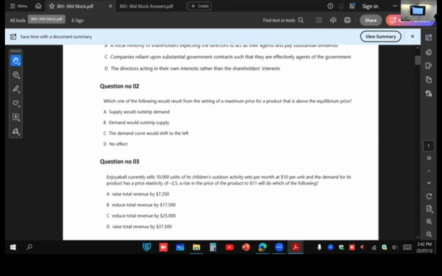Where the demand and supply was equal. So the graph was like this, you remember, and then maximum price was set above it. Maximum price of a product that is above the equilibrium price. So what can you say about that?